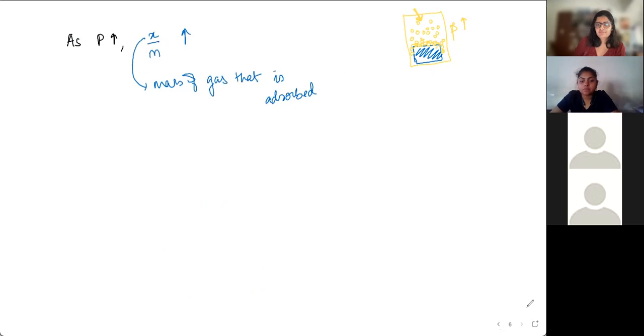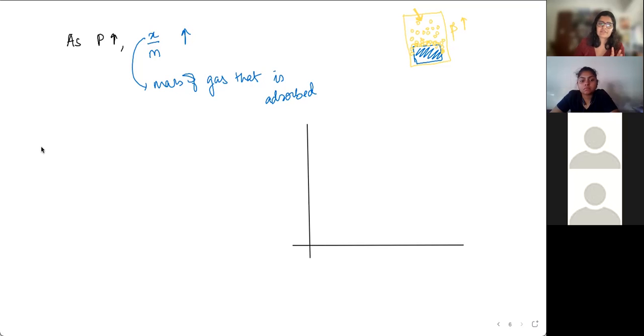Freundlich came to this equation by practically measuring values. He kept the temperature constant, made a gas be adsorbed on a solid, and took measurements at different pressure values. Like, 1 atmosphere mein kitna gas is being adsorbed, 2 atmospheres mein how much is being adsorbed.